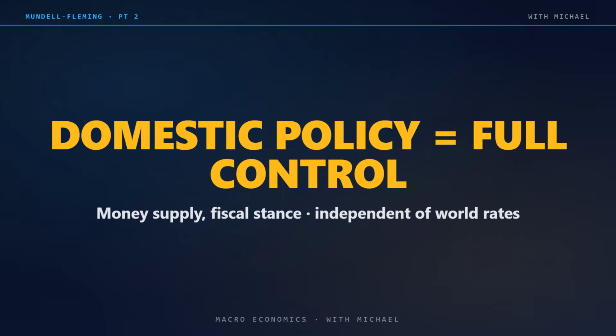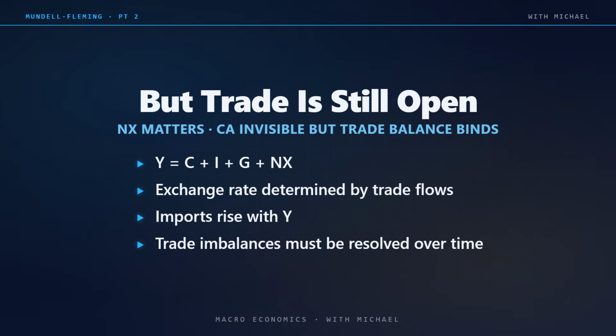So the IS curve in an open economy with closed capital account looks slightly different from the closed economy IS curve. It incorporates the effect of net exports on aggregate demand. We can write it as Y equals C plus I plus G plus NX, where NX is net exports.